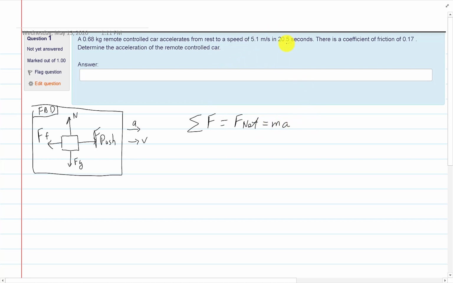We have the initial speed vi, we have vf, and we have t, so we can use kinematics to get that acceleration. The acceleration is the change in velocity over time. That change in velocity is 5.1 meters per second divided by the time of 20.5 seconds.